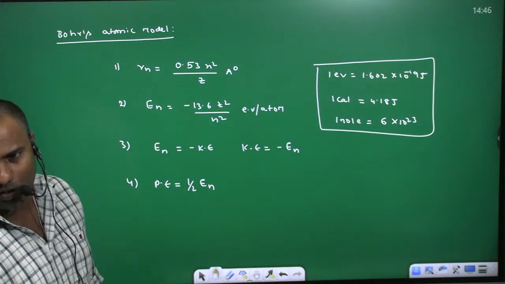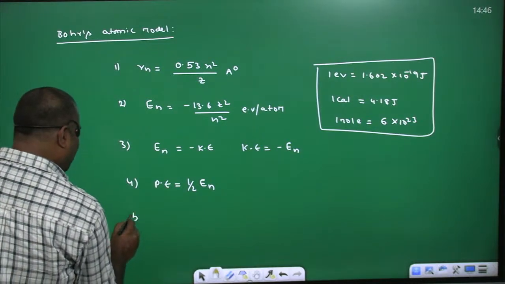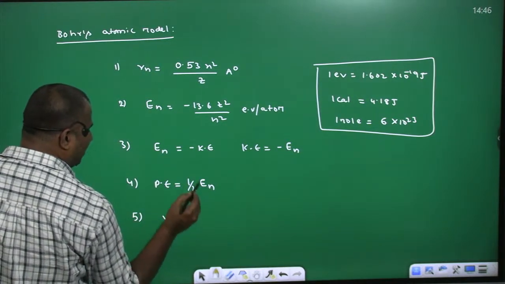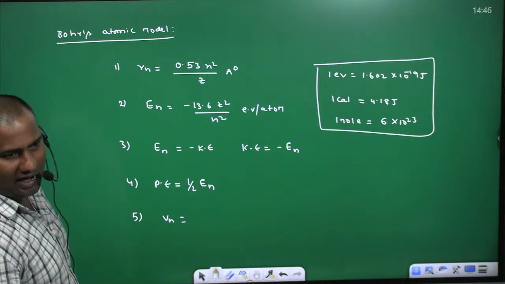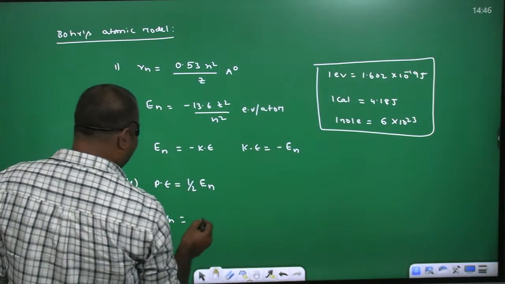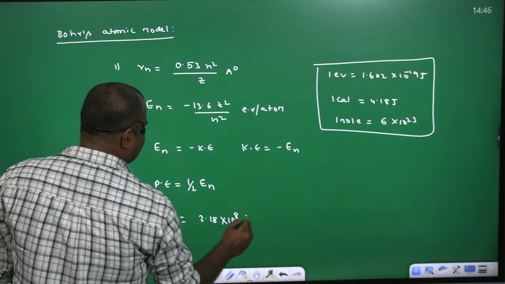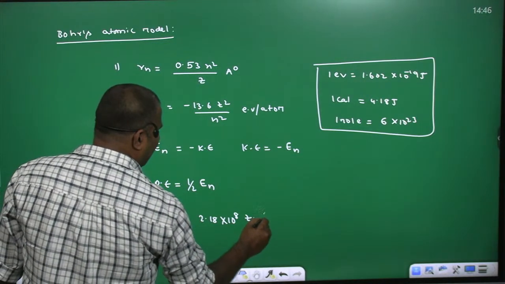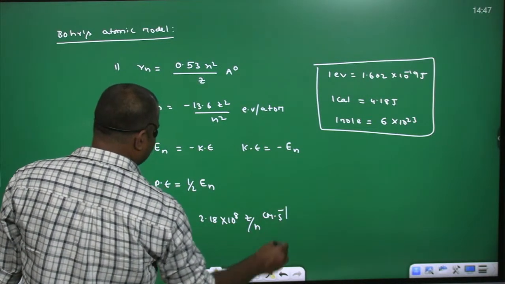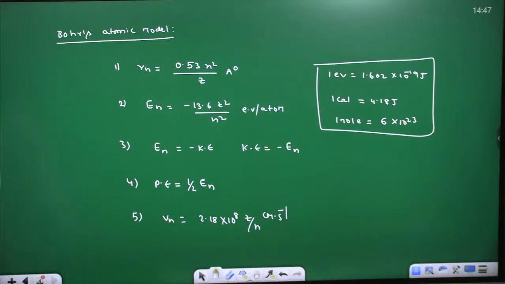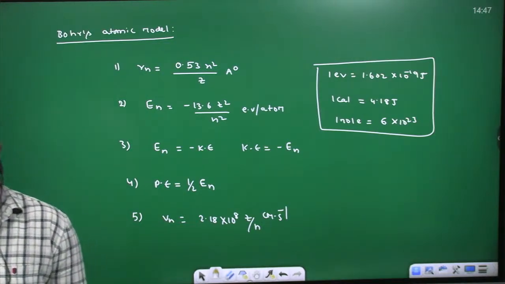That is another formula. And the next one, the velocity of the electron in the nth orbit, Vn equal to 2.18 into 10 power 8 Z by n centimeter per second.